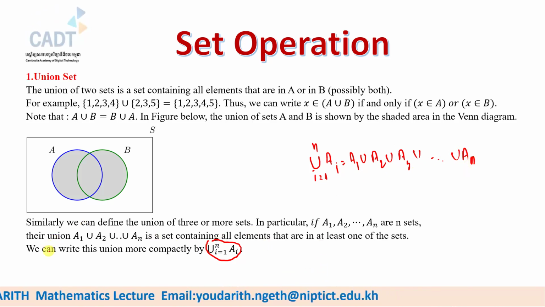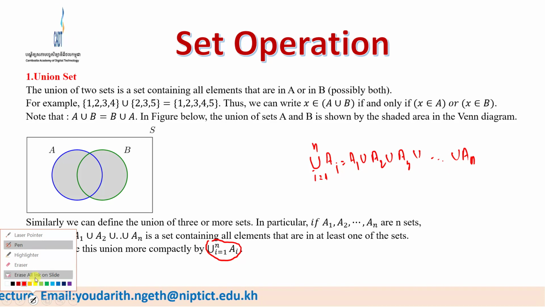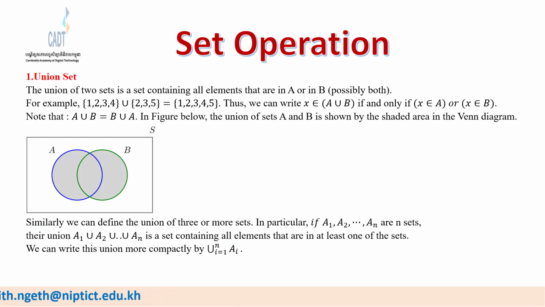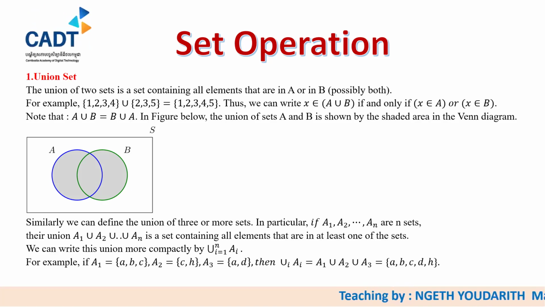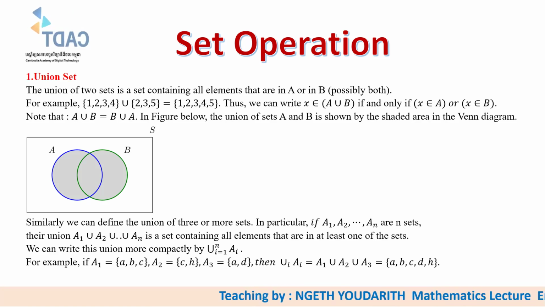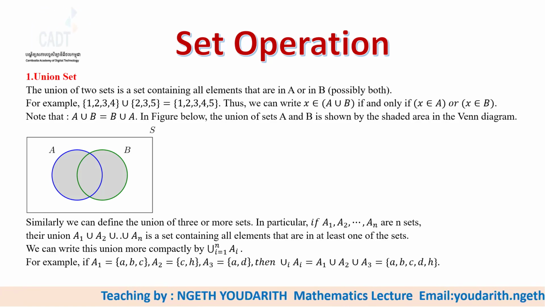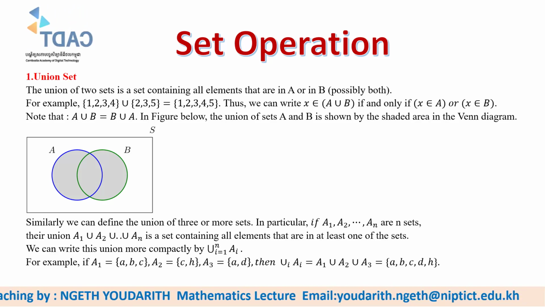For example, if A1 is {A, B, C}, A2 is {C, H}, and A3 is {A, D}, the union is {A, B, C, D, H}.